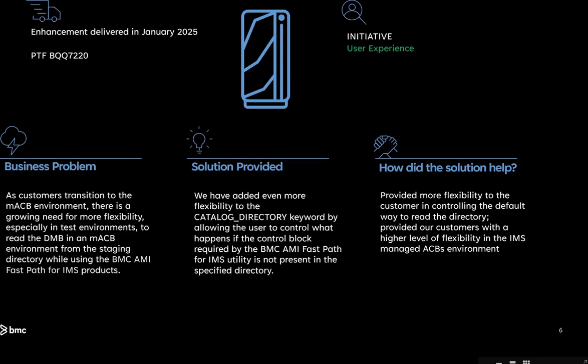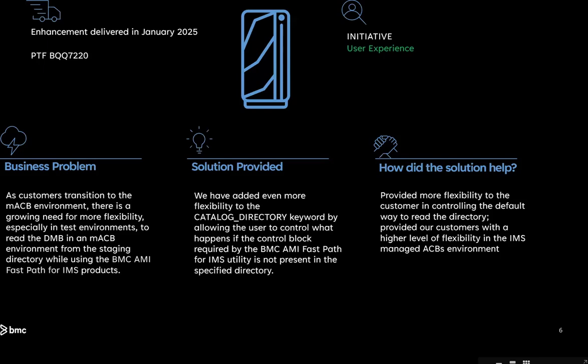I'm not going into what FPSI and PFX are. PFX is basically the BMC FastPath secondary index, the BMC version, which is popularly known as PFX indexes, and IBM's one is called FastPath secondary index, or FPSI, right?